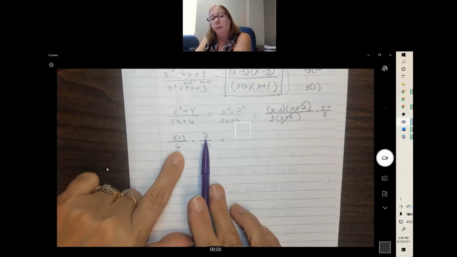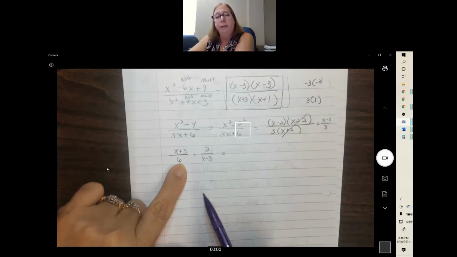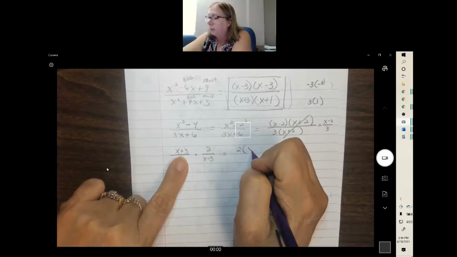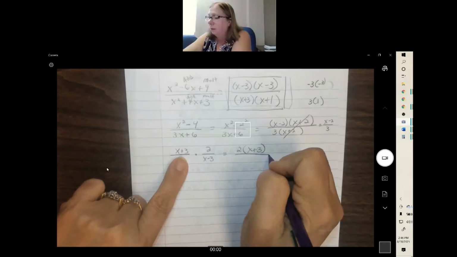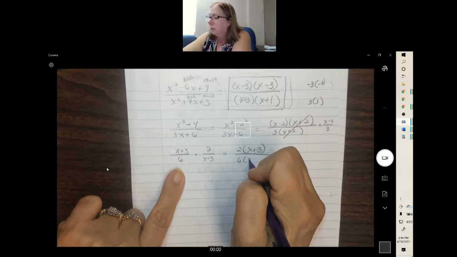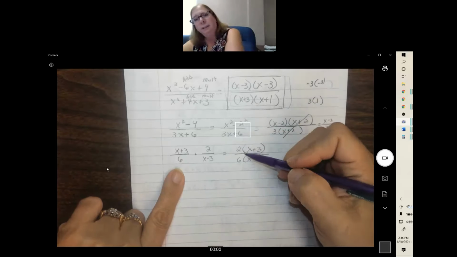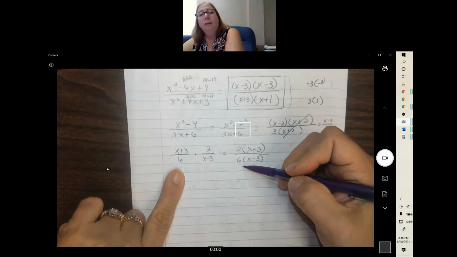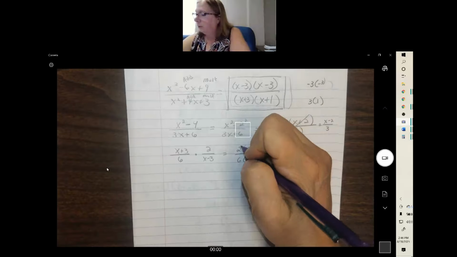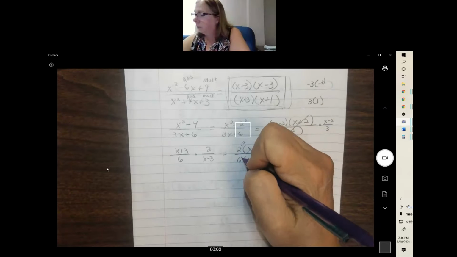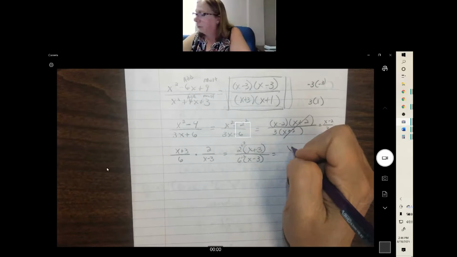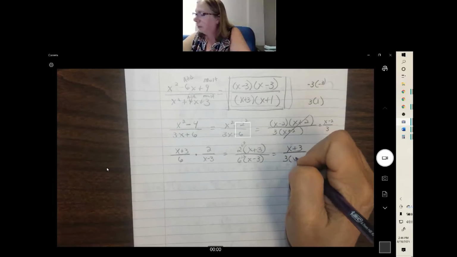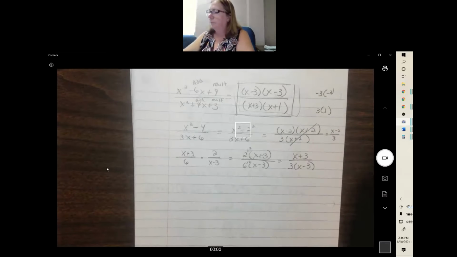Now, if you're not sure, what I recommend is instead of distributing, just write it. We need 2 times x plus 3 and 6 times x minus 3. This is a little easier to see the reducing because we can divide by 2. So we have x plus 3 over 3 times x minus 3.